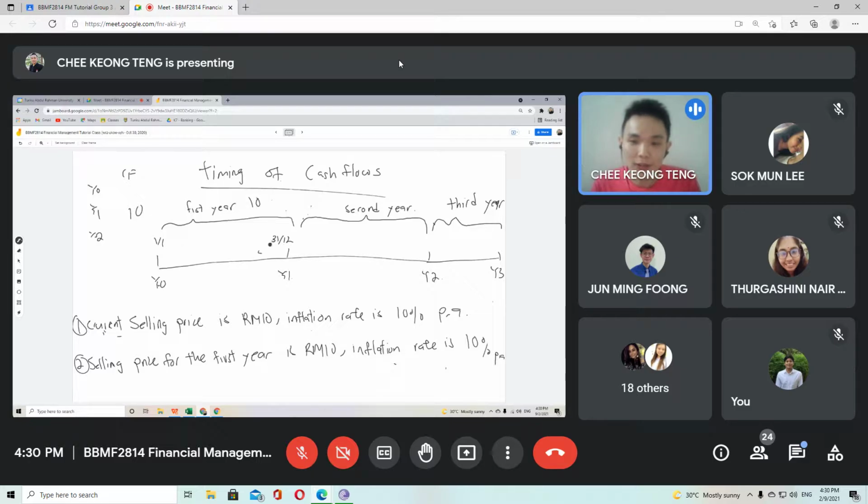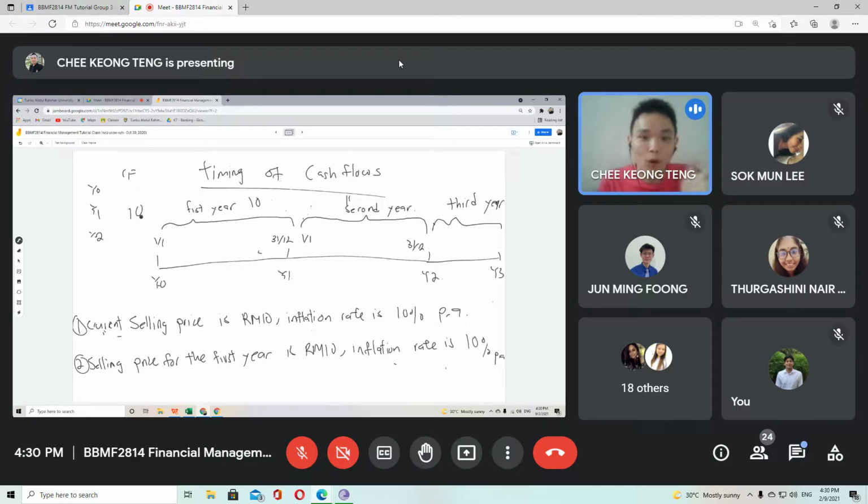So at the end of year 1, the selling price is 10 times 1 unit you sell is 10. The price will increase next year. Every year increase 10%. So it's 1st of January next year until 31st of December, it will be 11. Know the difference?